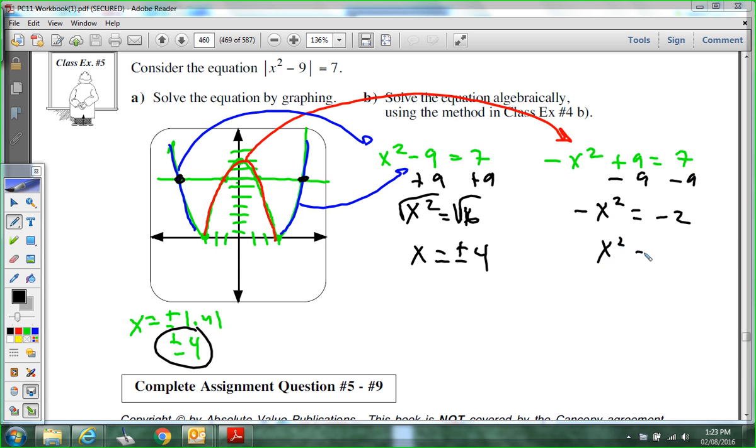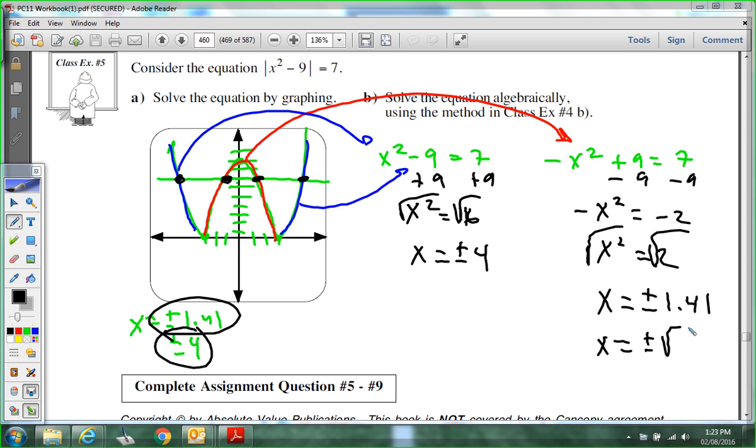Divide by negative, so I get x squared is 2. Square root gives me x equals plus or minus 1.41, which is exactly what we got here. And that's these pieces here. If you want to keep that in exact form, plus or minus root 2 is how you'd leave it.